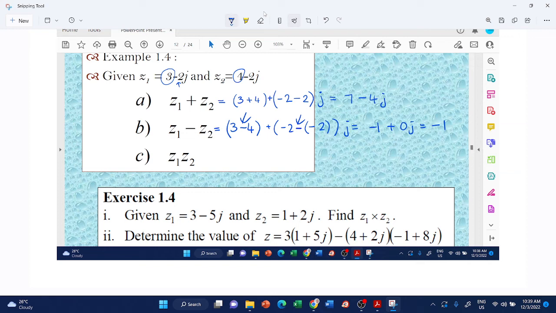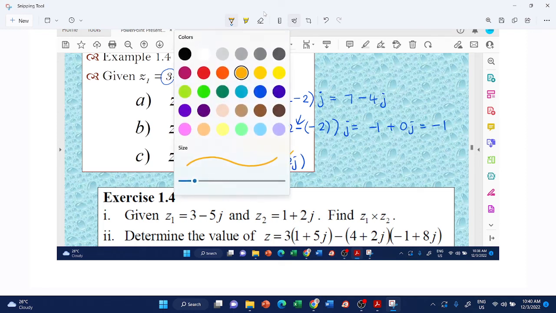So, okay, so sekarang kita tengok times multiplication. So this part, madam akan tulis semula the expression 3 minus 2j times 4 minus 2j. So sini follow the steps of multiplication.